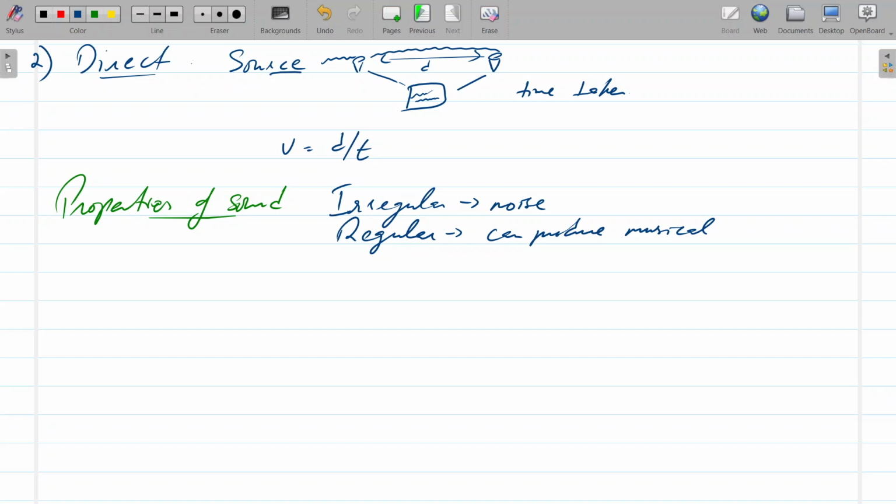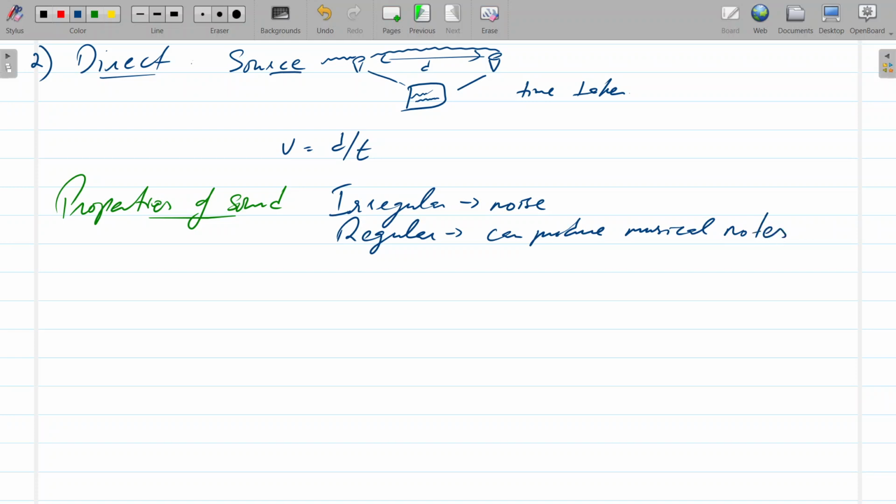And people do that, like they use trash cans and mops and opening and closing the window and the door. If those produce regular patterns, then you mix them together and you'll get some form of music. But musical instruments, as we mentioned, like the drum and the guitar and the piano, produce regular sounds and those can produce musical notes.